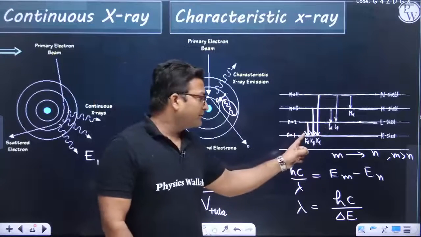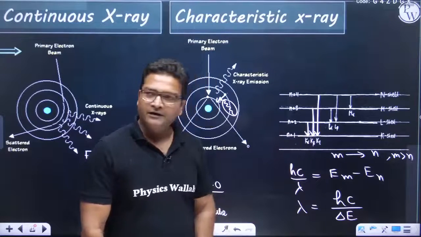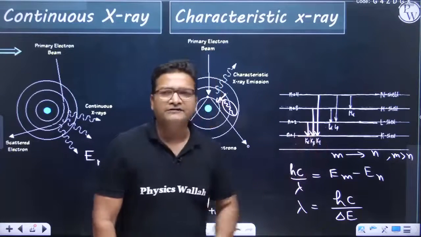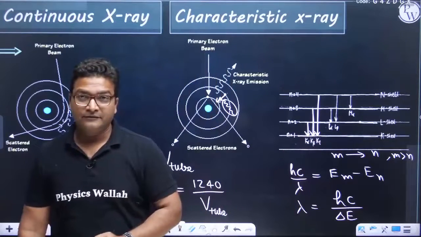So the first member is called K alpha line, the second member is called K beta line, and the third member may be called K gamma line, and all these X-rays are called K X-rays, right?